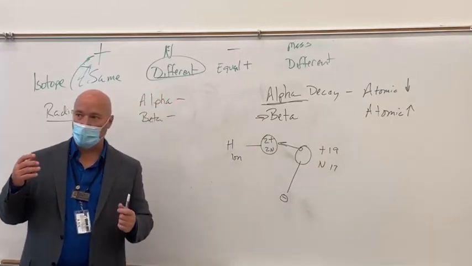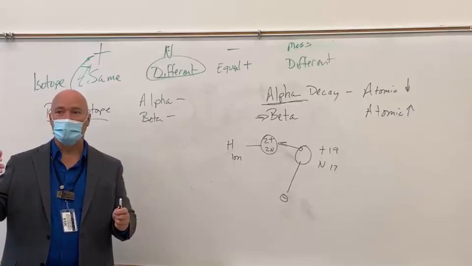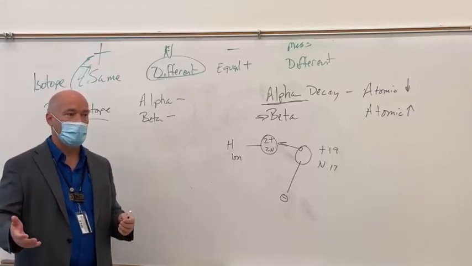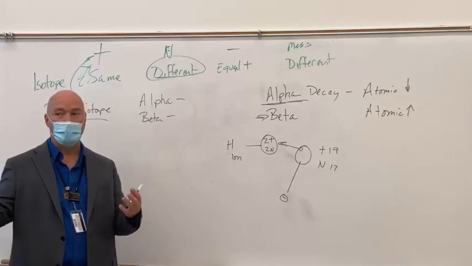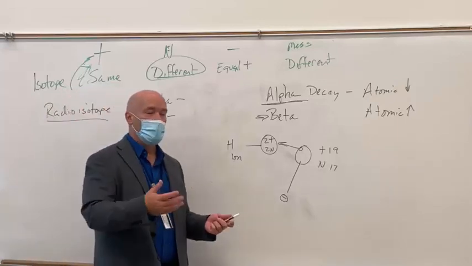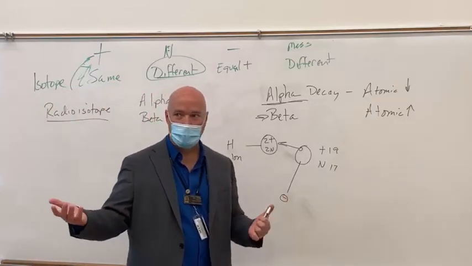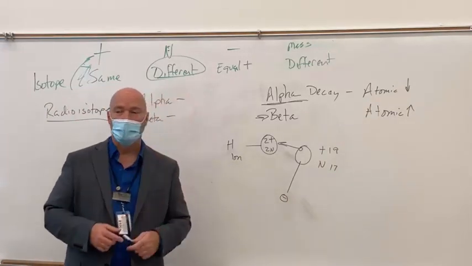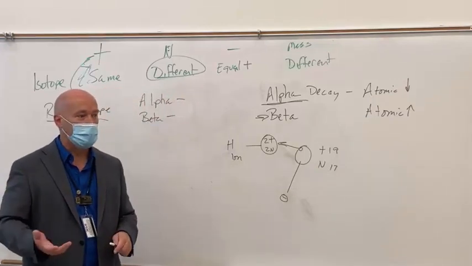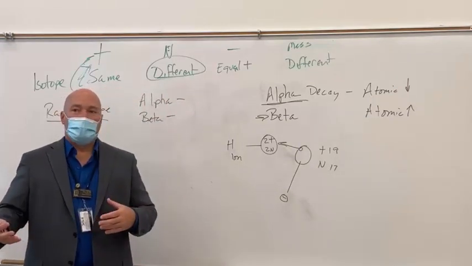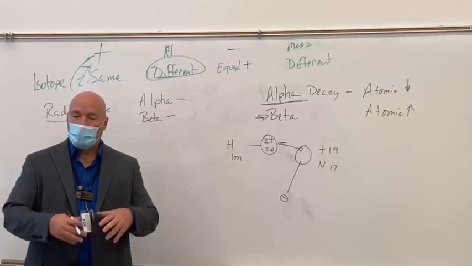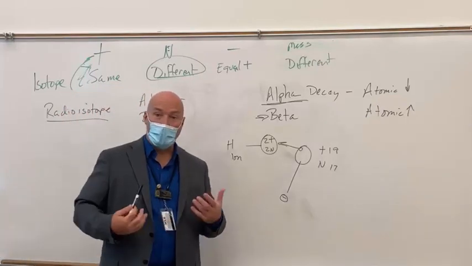So we attach them to an element that's attracted to a specific tissue. If we want to see bones, we'd attach it maybe to calcium, send it to the bones. If we were looking at the thyroid, maybe some iodine. So we put the radioactive material into it, and then we read how much radioactive material is coming off of it.